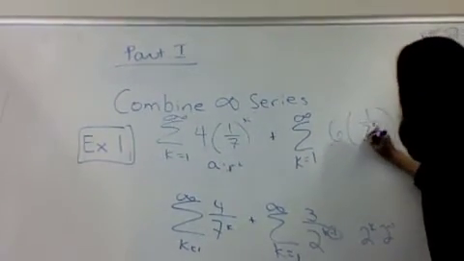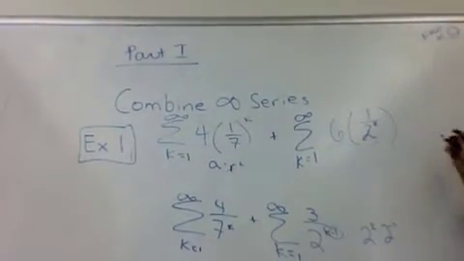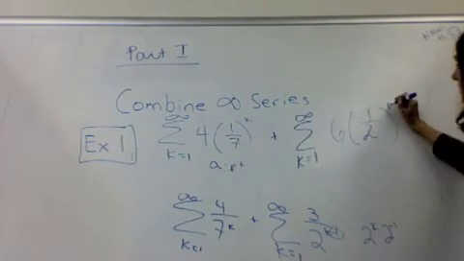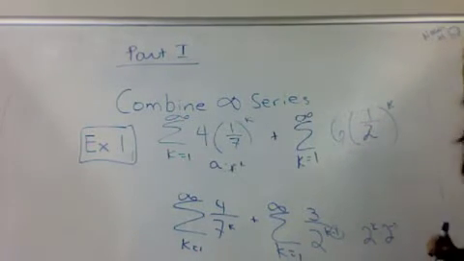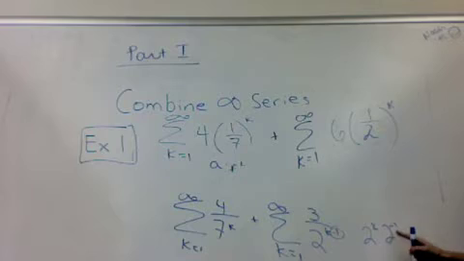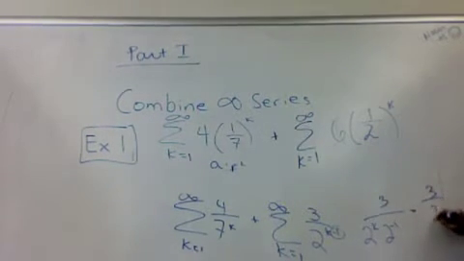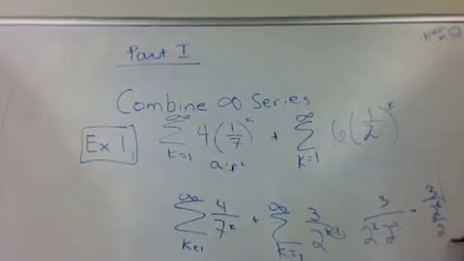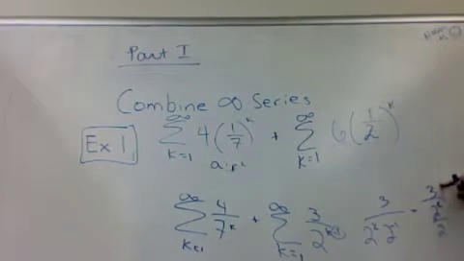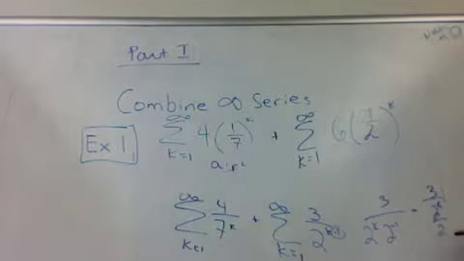So I just wanted to give you guys one example of how that works. That's kosher? Yes. Because this is just to the 1 power. I made this 3 over 2 to the k over 2, the denominator, and then the denominator becomes a numerator. So we can always do that. You can always do that.